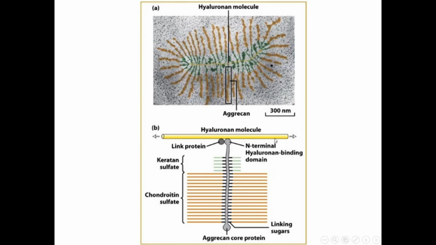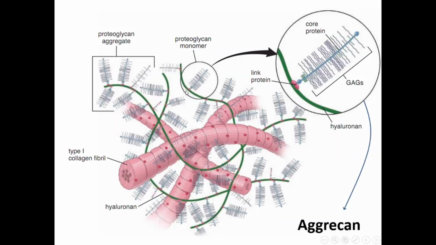Magnify this part, you can see the hyaluronic acid attached to the proteoglycan protein and GAGs by this linker protein. The exact proteoglycans are aggrecan, syndecan, and decorin.